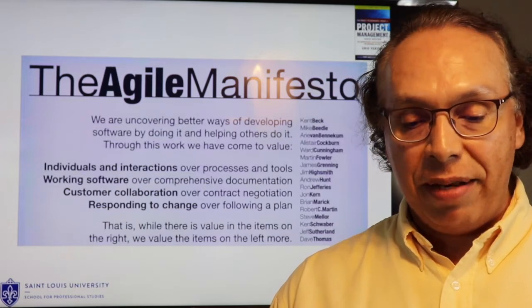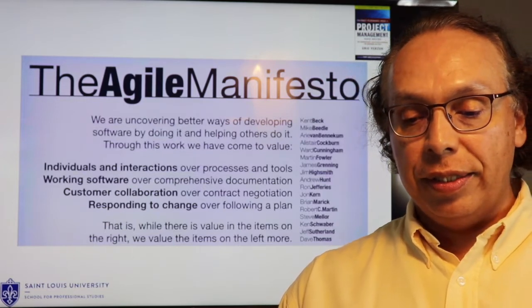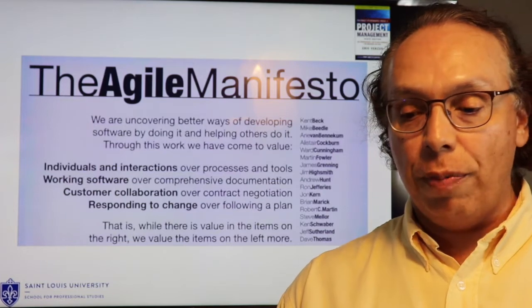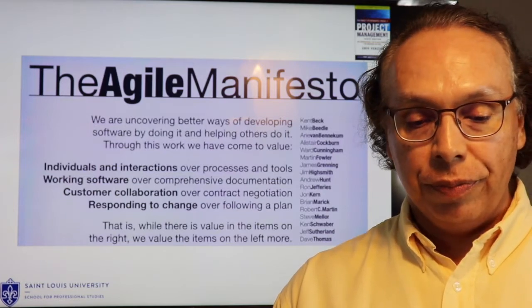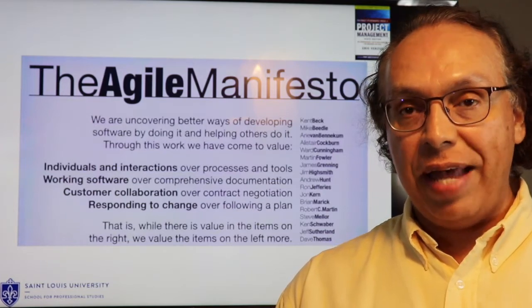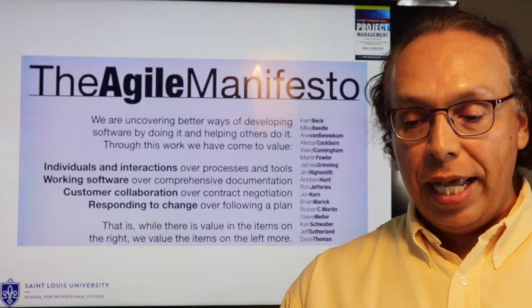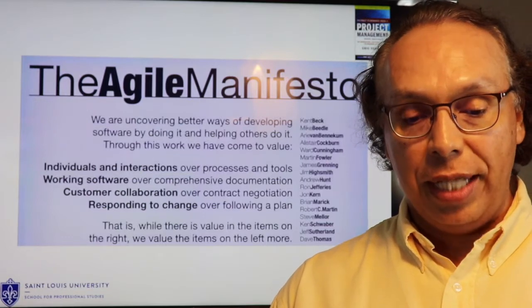The Agile Manifesto resulted in an agreed set of 4 values and 12 principles between the group, which form the basis of Agile software development and are still in common use today.